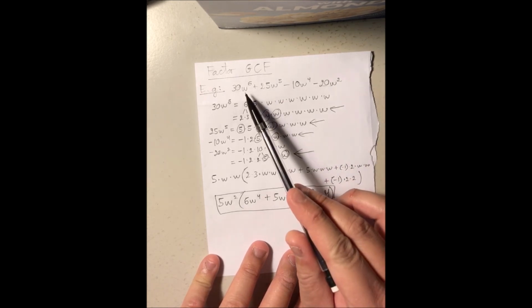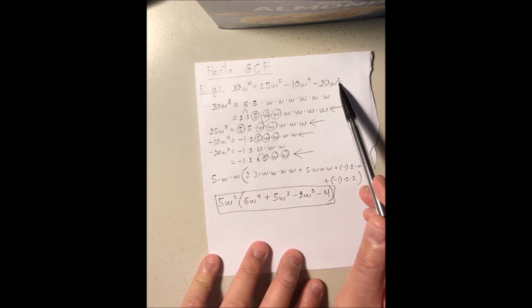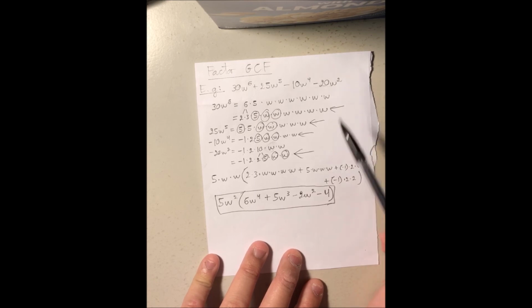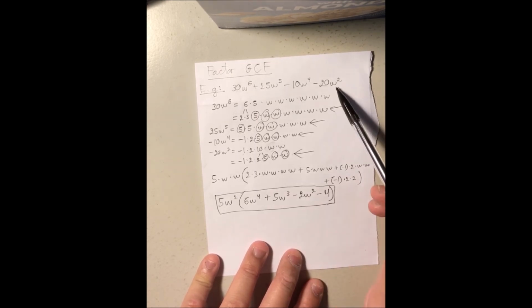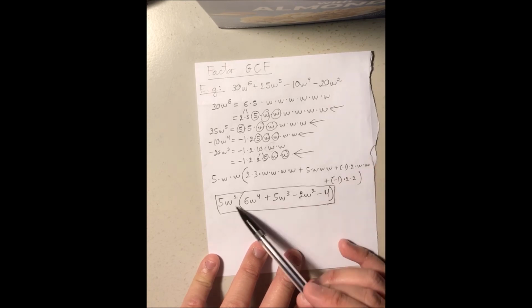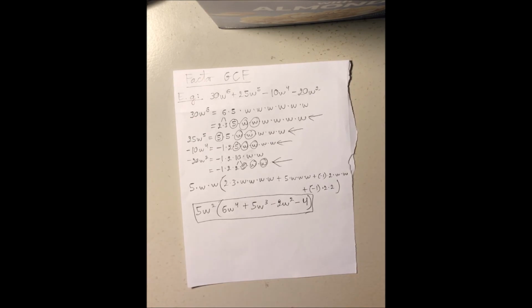So in this case, my variable is again W, but the lowest exponent of W is the power 2. So that means I would factor out W with the lowest exponent 2, right there. Okay, and you would notice, like I said, as you continue to practice this concept.